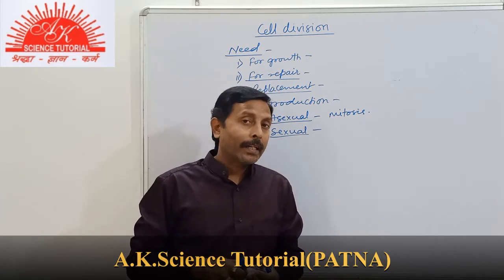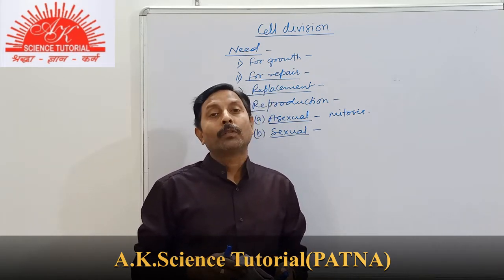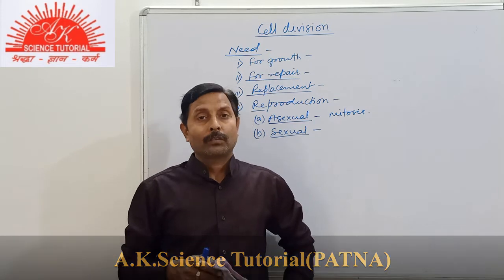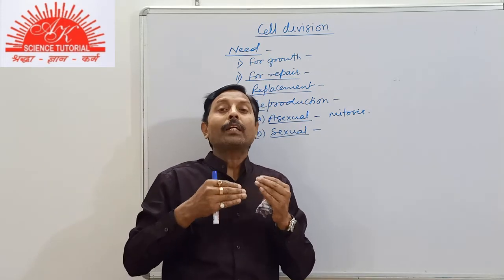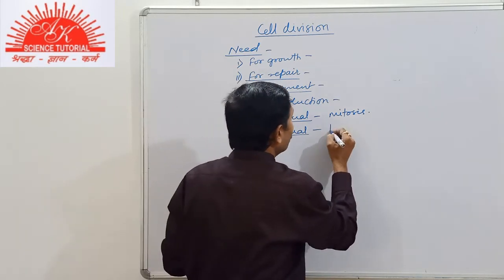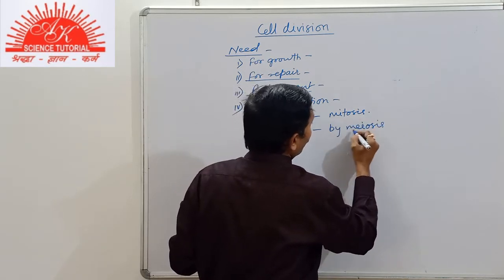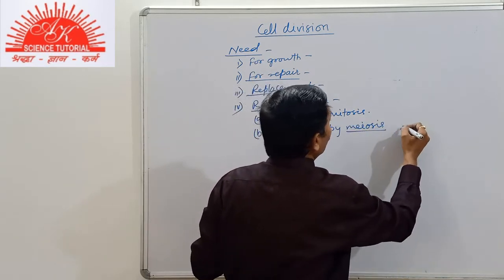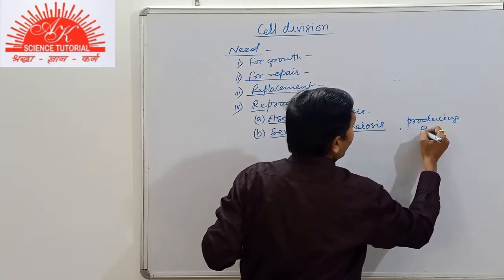When fertilization takes place, again the paired set of chromosomes is restored, and hence the same number of chromosomes will continue in each generation. So it takes place by meiosis, producing gametes.